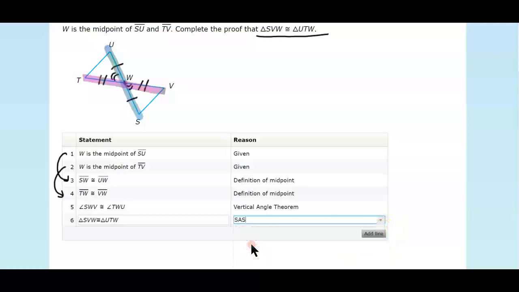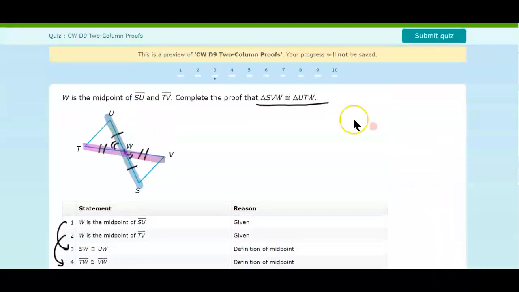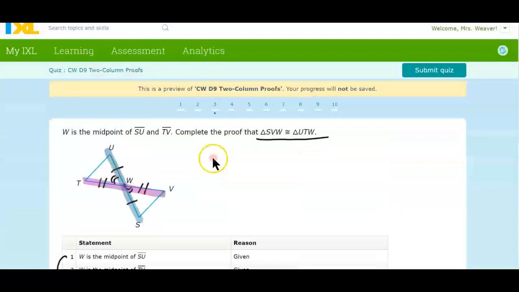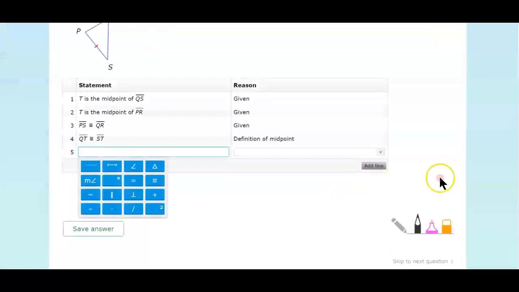SAS. I know 2 sides and the angle included between them. SAS. That's it. Okay, we're going to move on to the next question.